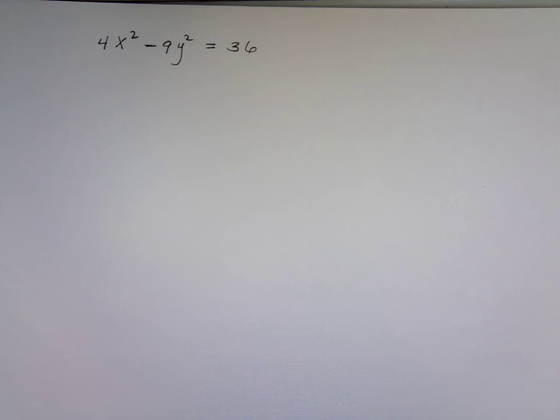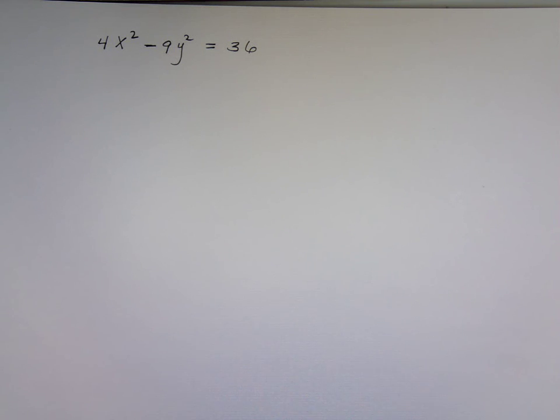That doesn't look like a 1 in it, on the right side. So what do we do then? How do you make that a 1?